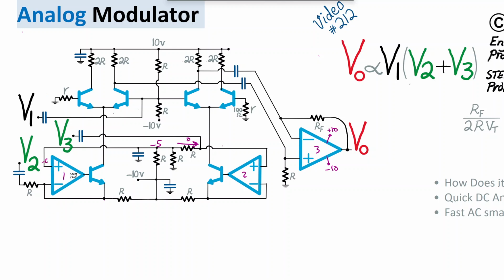So if we have negative 5 here, we have negative 5 here, negative 5 here, we have negative 10 at this node. Therefore, the DC voltage across this resistor is 5, and it means a current of 5 volt divided by R is passing through this resistor, which can only go this way.